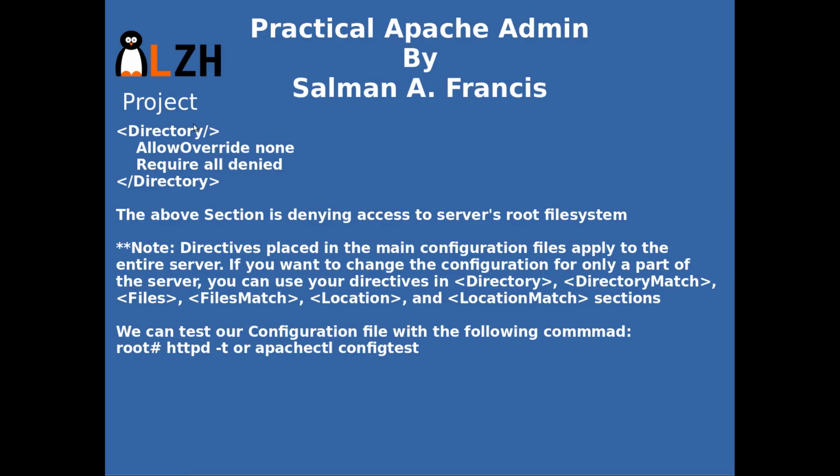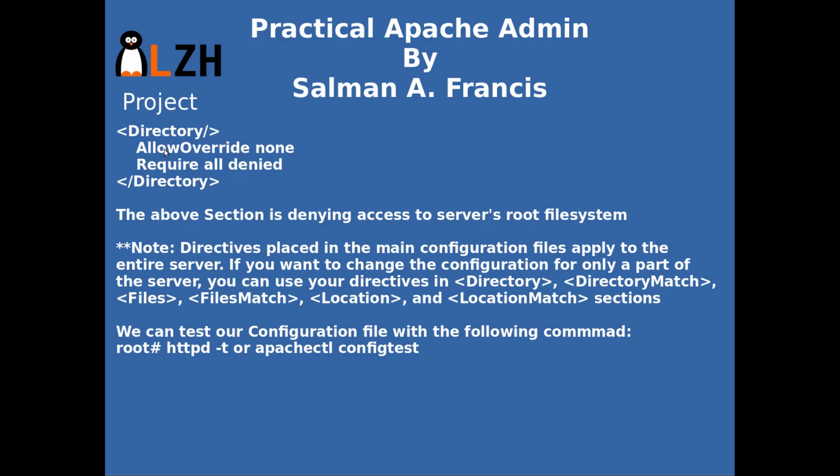Okay, so now we have this Directory directive, you can say, and it's telling you AllowOverride None, Require all denied. So the above section, basically this / means the root. Okay, so the above section is denying access to the server's root file system.